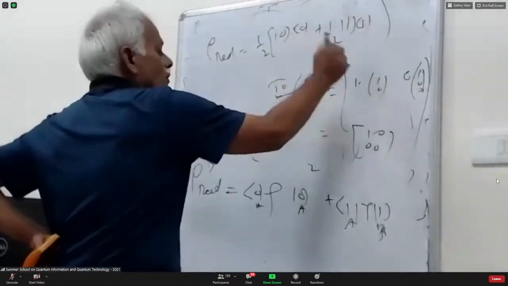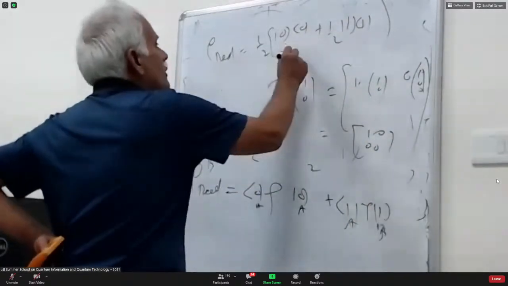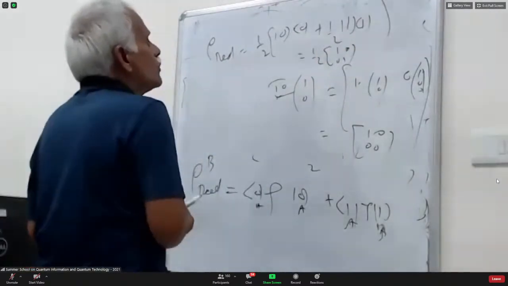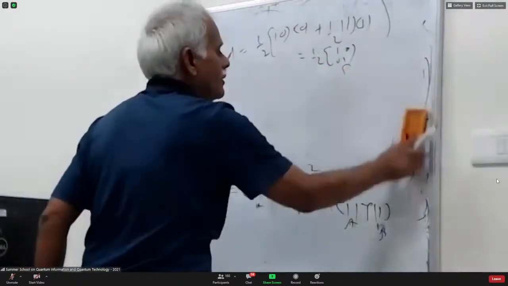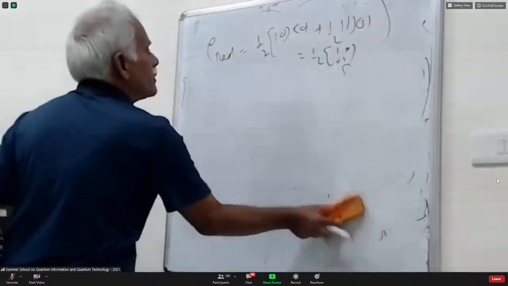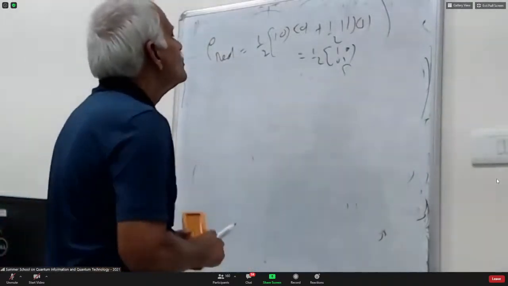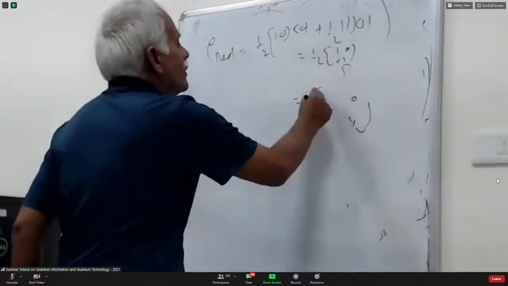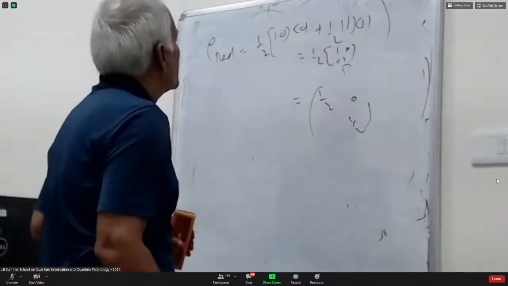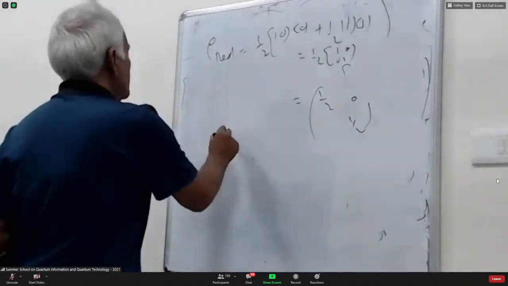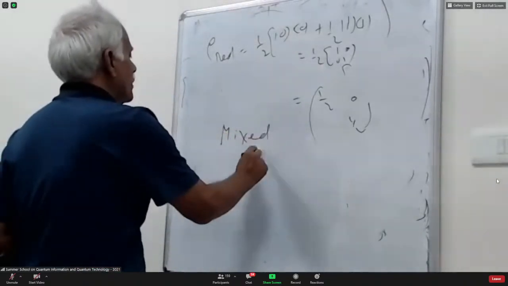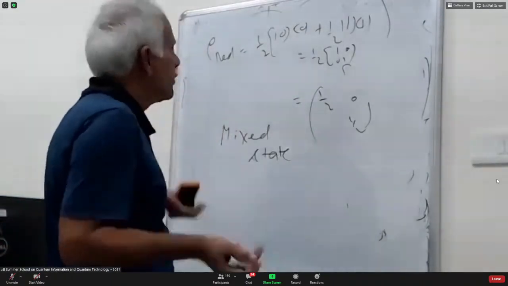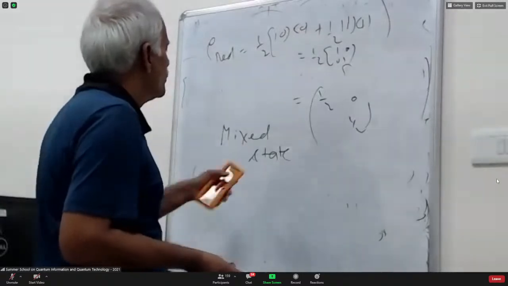The other becomes [[0, 0],[0, 1]]. The total becomes half of [[1, 0],[0, 1]]. Wow. So I am left with a reduced density matrix which is the identity. Identity means what? Now it's a mixed state. Why mixed? Because there are two terms. Whatever I do, I cannot make it one term. So it's a mixed state.